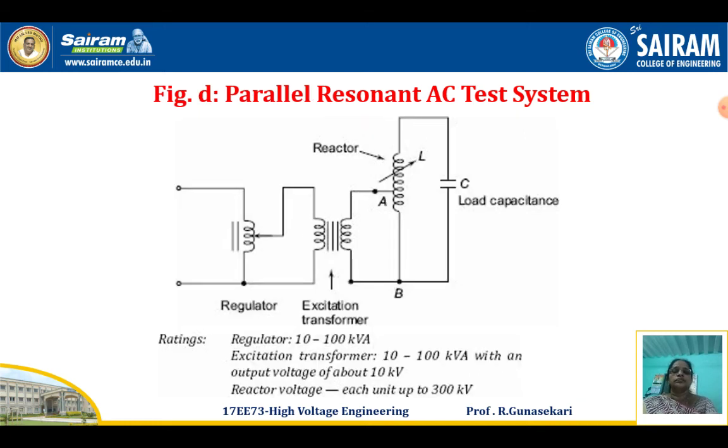Okay. Figure D represents the parallel resonant AC test system. Here you see the regulator, excitation transformer, and then the high voltage winding is connected to the variable reactor L and then load capacitance C. In the parallel resonant AC system, the regulator rating is 10 to 100 kVA, and the excitation transformer is 10 to 100 kVA with an output voltage of about 10 kV, and then the reactor voltage, each unit, is up to 300 kV only.